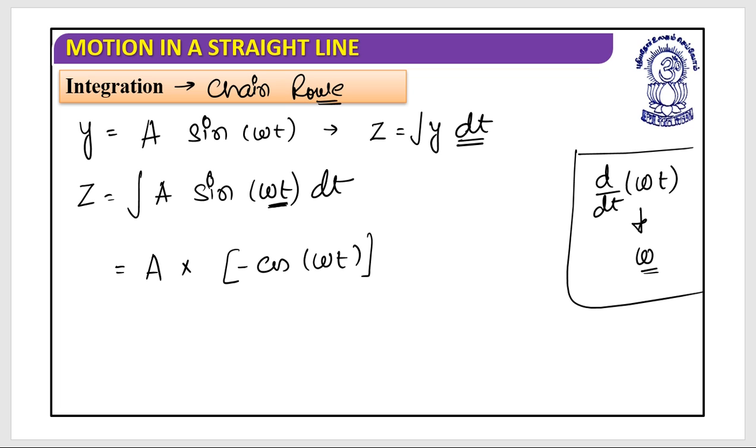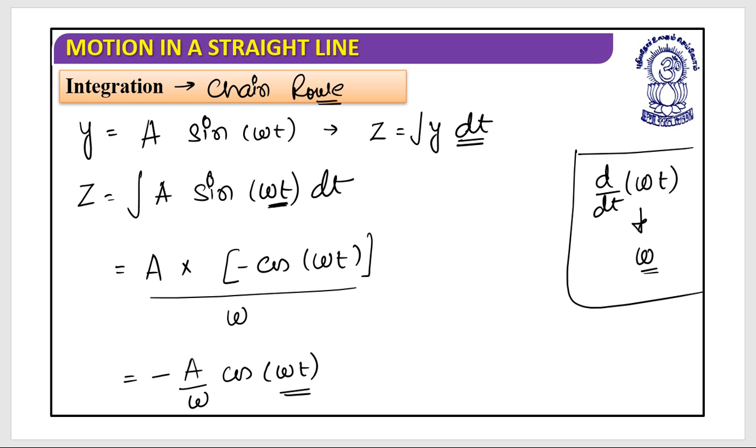If it was differentiation, you would just multiply by this, but this is integration, so you need to divide by it. I repeat, as this is integration, according to the chain rule of integration you simply divide by omega. So the final answer would be minus a by omega into cos omega t.